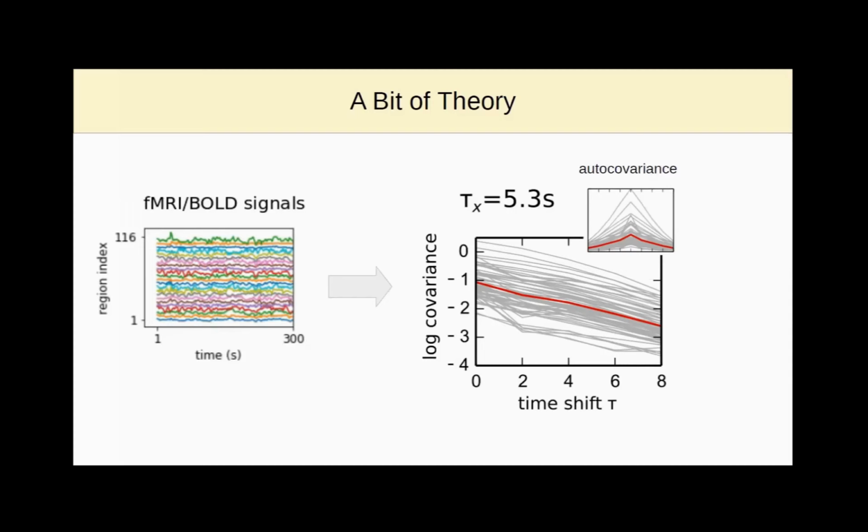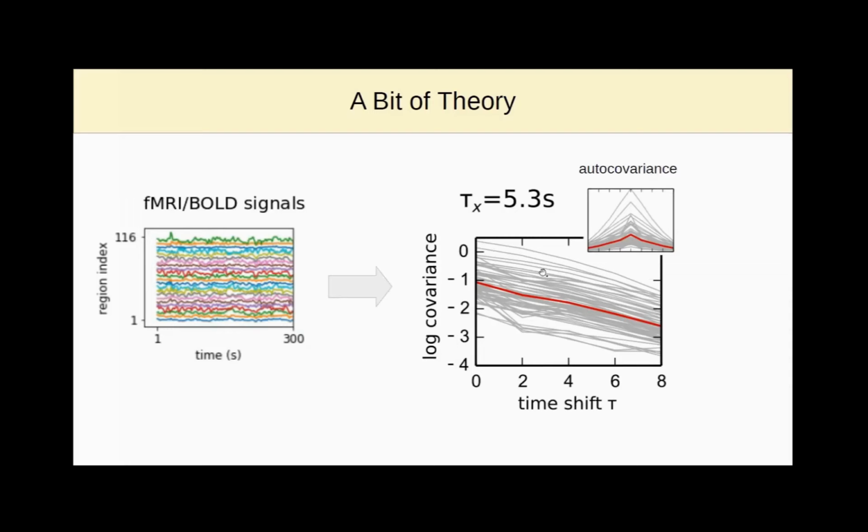If you're not familiar with the autocovariance, you can think of it as a kind of memory property of the signal, so how slowly or how fast it changes in its pattern. And this kind of memory depth of the signal can be quantified with the time constant.